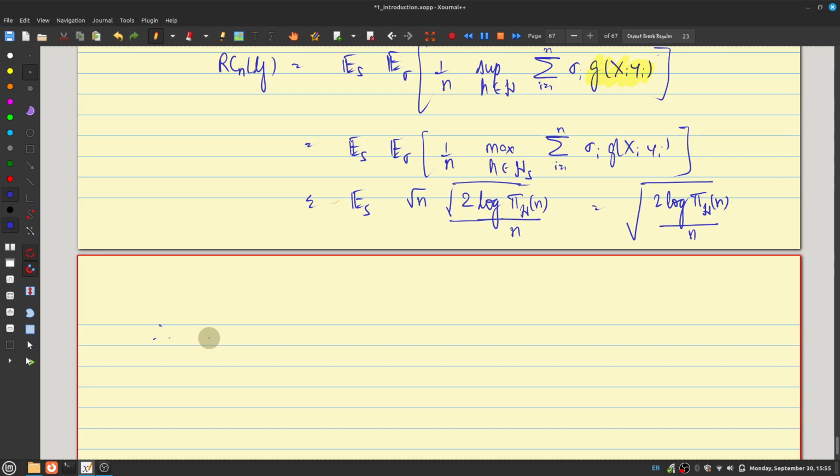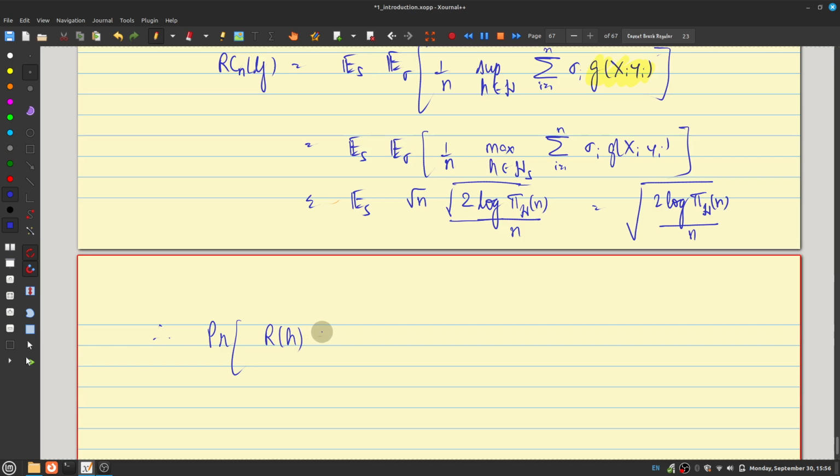So now if I combine this with the previous lemma, I get a bound on the Rademacher complexity in terms of the growth function. Correct. So it's an upper bound anyway.